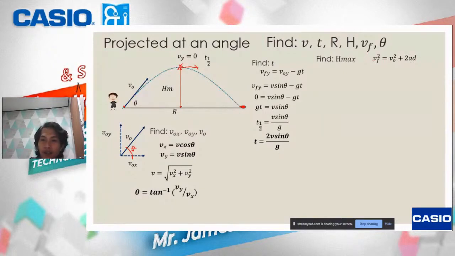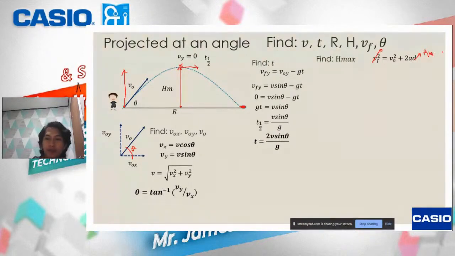Our final velocity will be 0, because the path we are looking at starts from here and goes to here. Our initial velocity here is simply v sine theta, and our d here is h max.